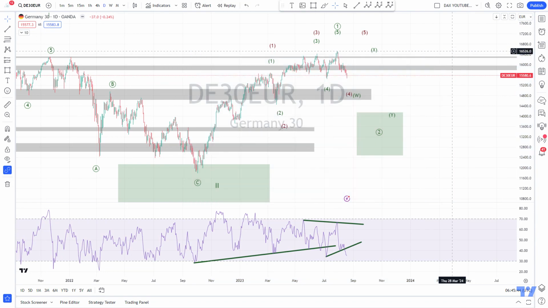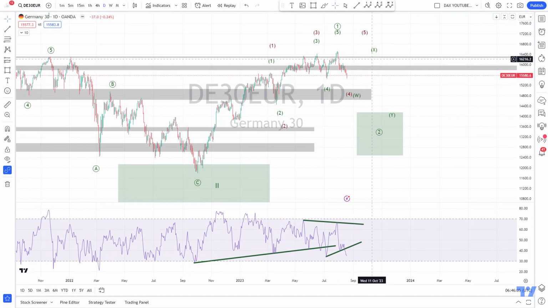So this is what I'm looking at now in the higher time frame. Overall more downside, but that does not mean that in the lower time frame or in the short term we cannot do some kind of rally to the upside.